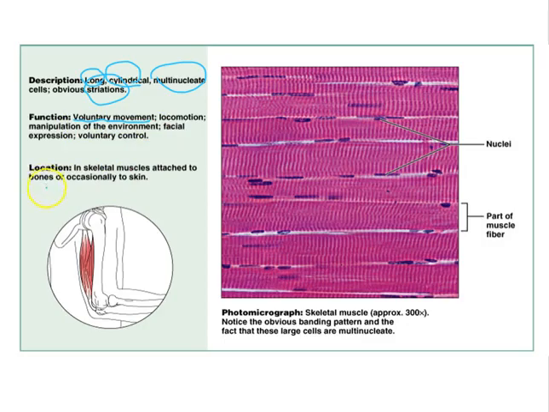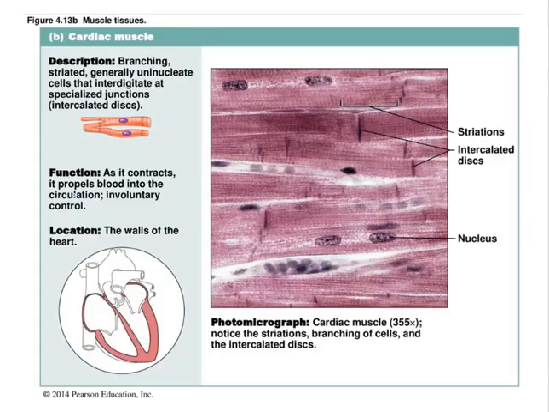And then the next muscle tissue is cardiac muscle tissue. You can see that you can still find this striated appearance, but a little paler than the skeletal muscle tissue. The cells are branched.